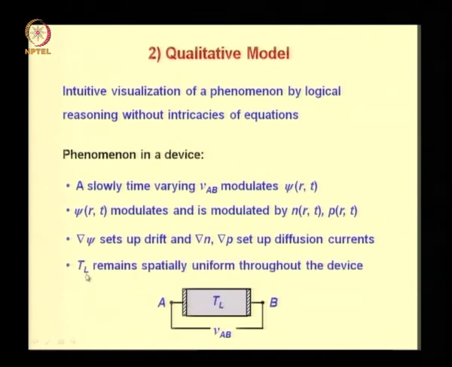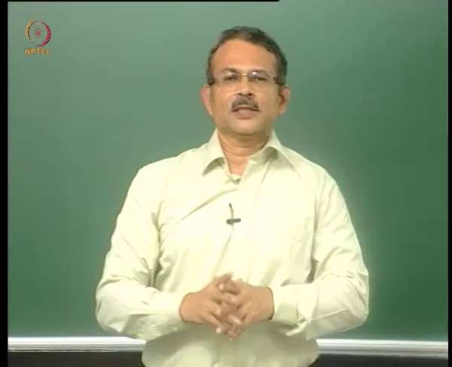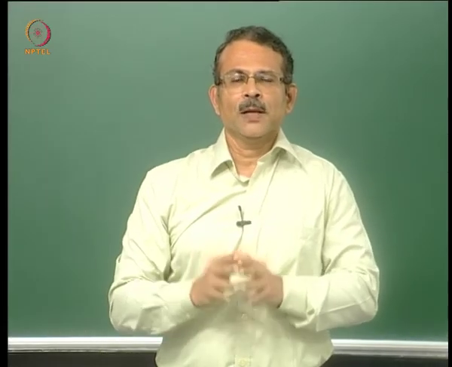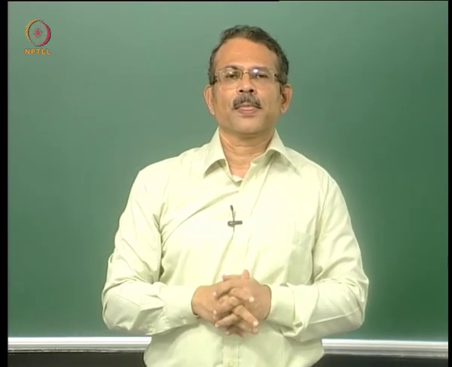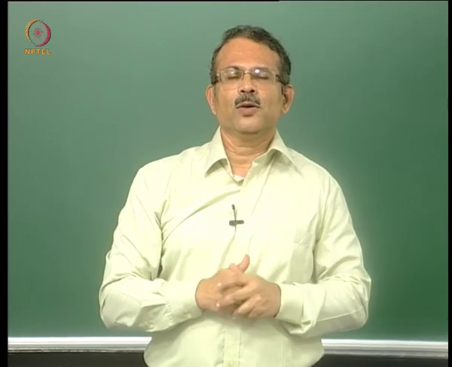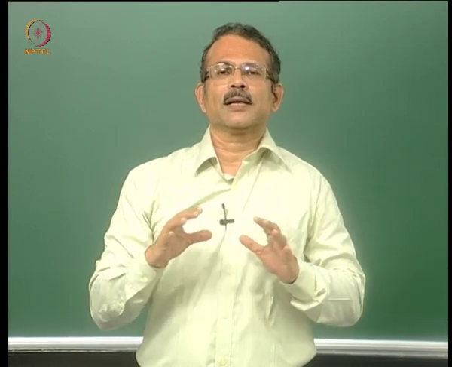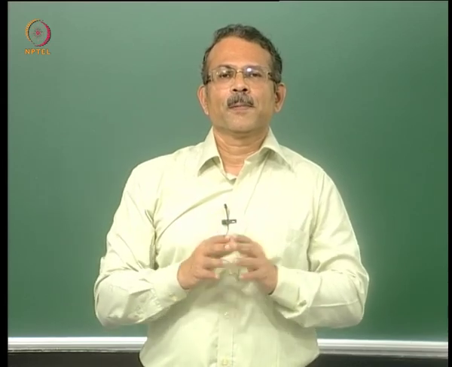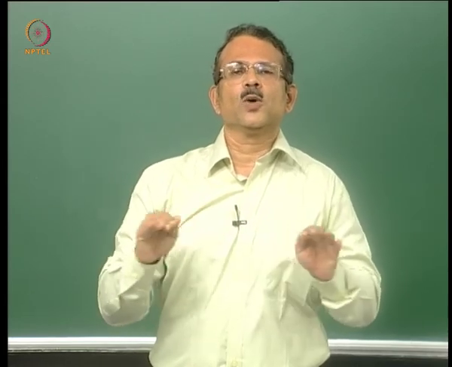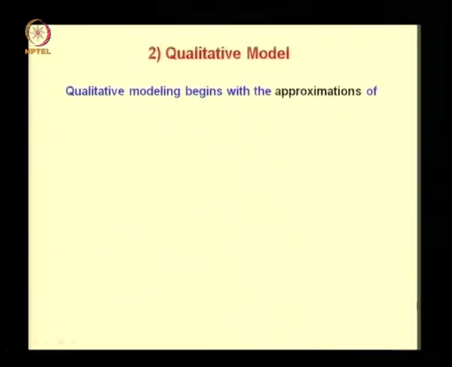Finally, the lattice temperature remains spatially uniform throughout the device. This is our assumption. Again, if you recall our discussion of carrier transport in the earlier module, we said that we are going to neglect thermoelectric effects, which means temperature gradients will be assumed to be 0, so that there is no current because of temperature gradients.